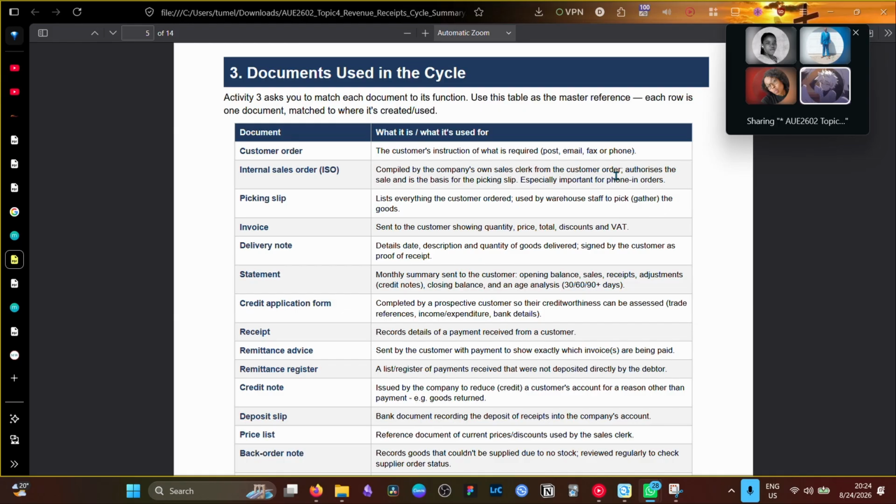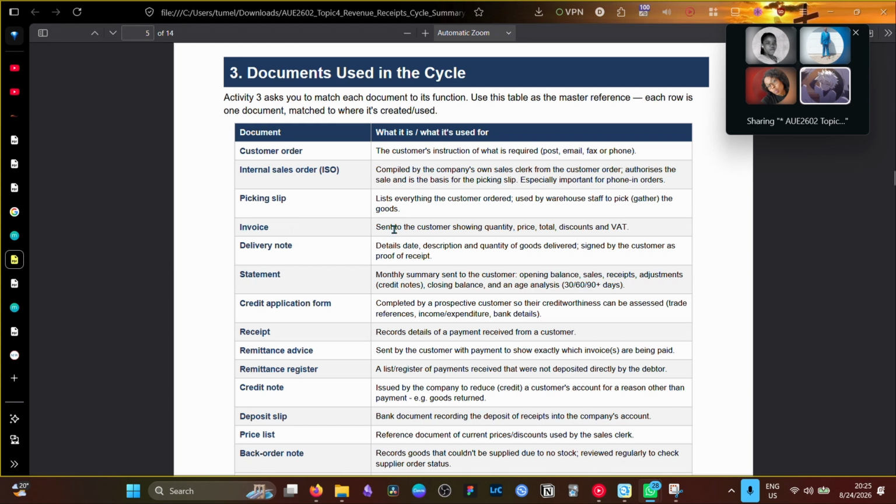But the picking slip is the one that's in the warehouse, and the internal sales order is in the credit management or sales authority. It's important to say sales authority, because sometimes it could not be on credit. So yes, and then here is the warehouse and dispatch.